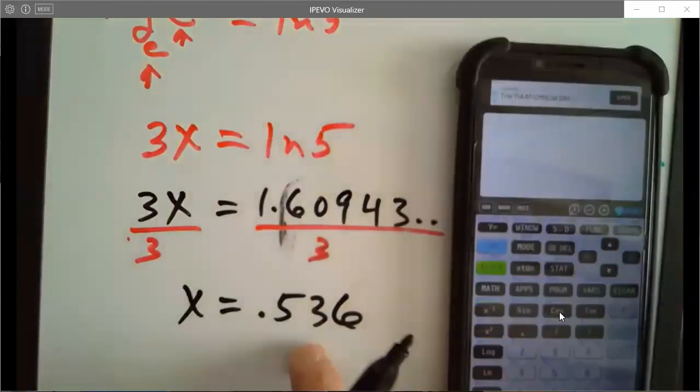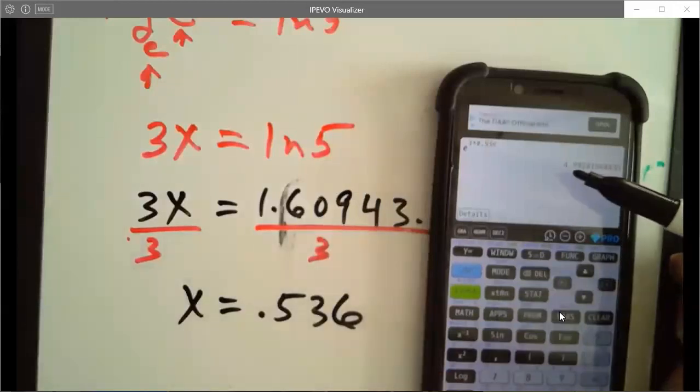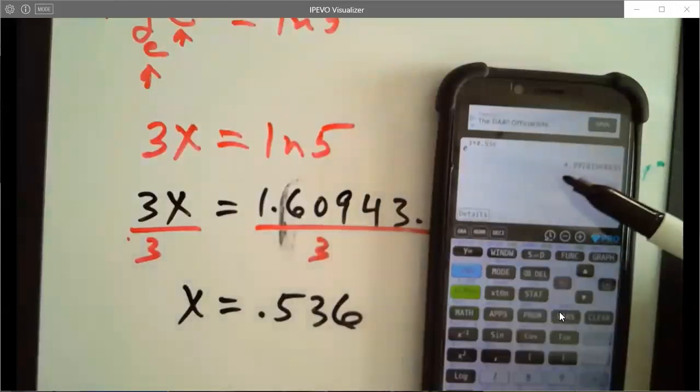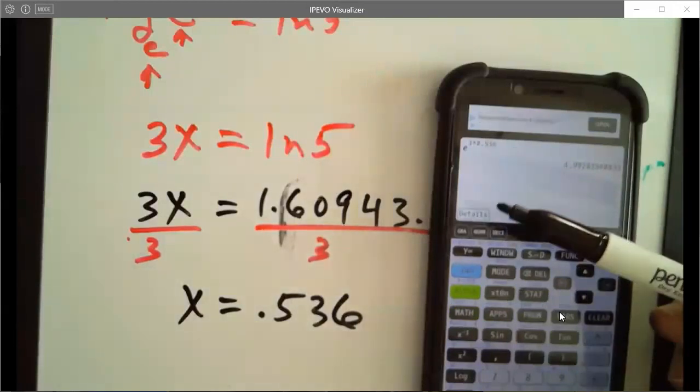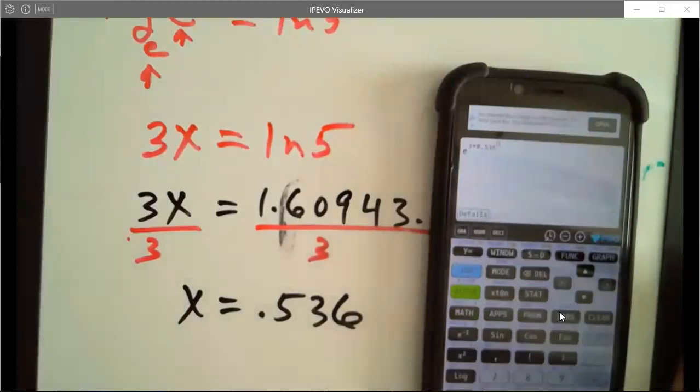Let's just round that to 0.536 and try again. Second e to the x, 3 times 0.536, and because we rounded this off, you get 4.99. It's not exactly 5, but it's close enough to tell us that we got the right answer.